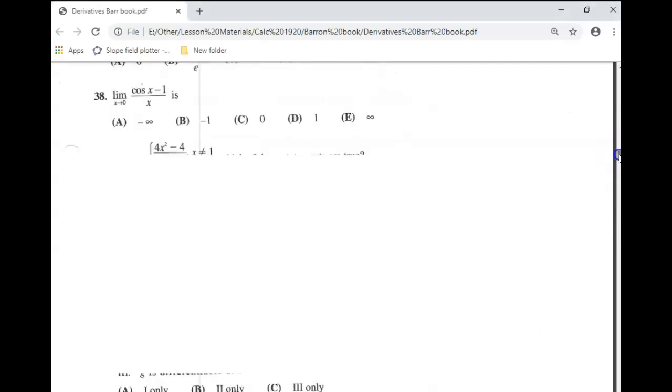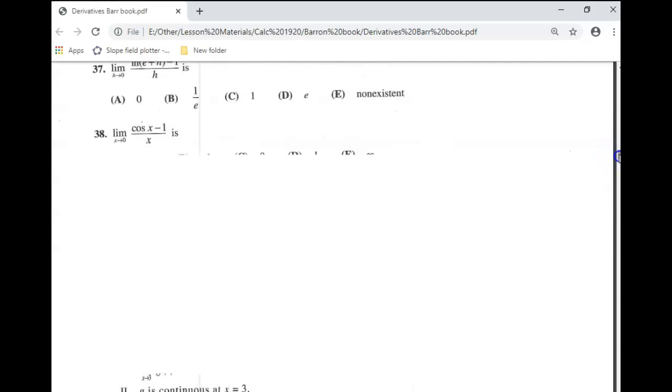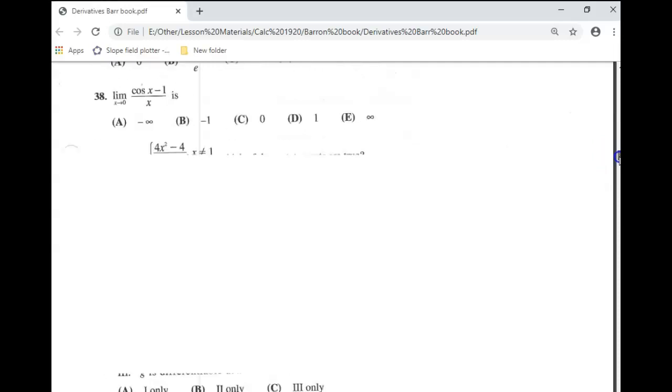Continuing on, number 38. So, what's going on with this guy? Now, this does not look like a difference quotient to me. I don't see my x plus h there, although maybe it is.